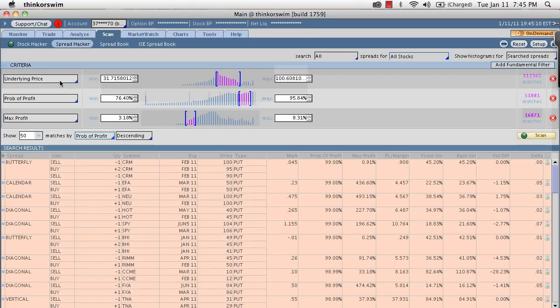We want to look at only stocks that are trading between $31 and $100 with a probability of profit above 76%, but not higher than 95%. And then we want a max profit of at least 3%, but nothing higher than 8%. And again, that's just going to weed out a bunch of the really bad trades that are in the market.